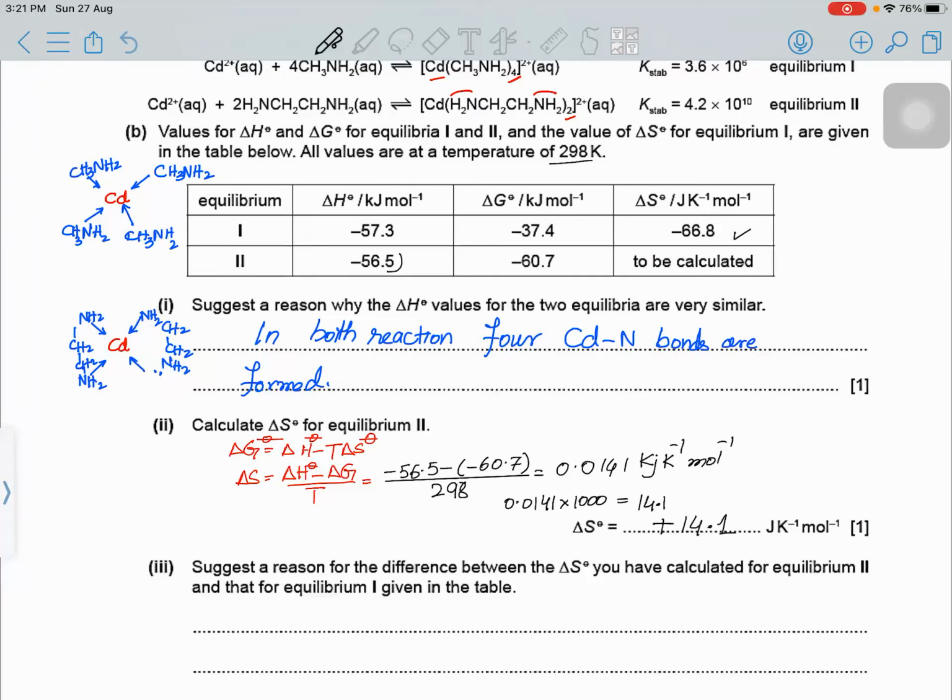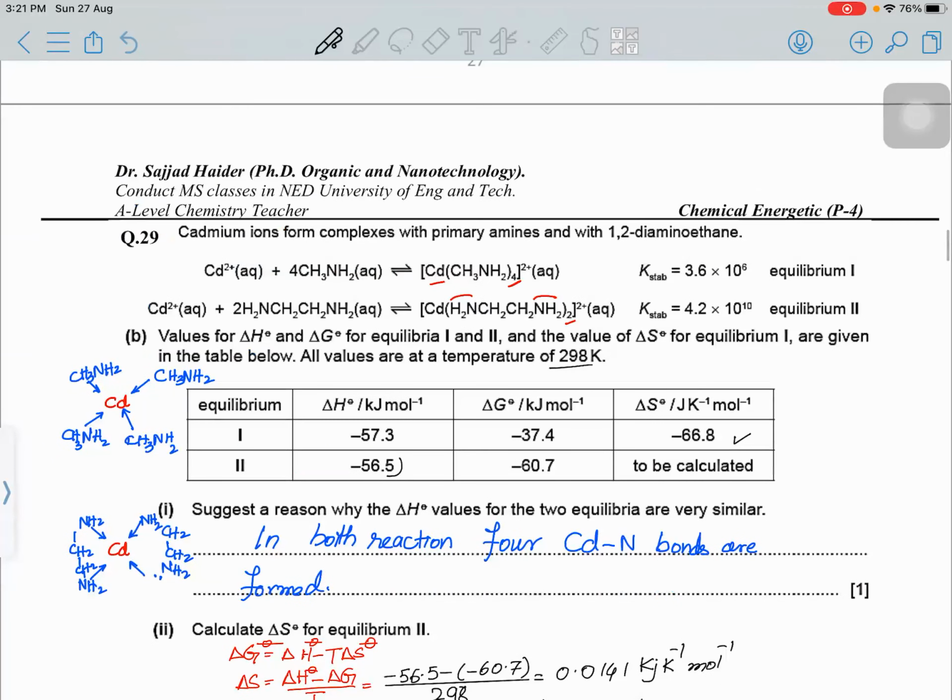Alia, one equation is negative, the second one is positive. Why? Sir, equilibrium 1 is more disordered.